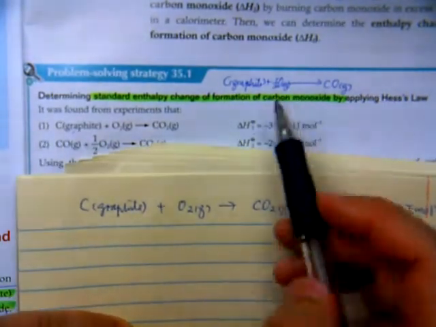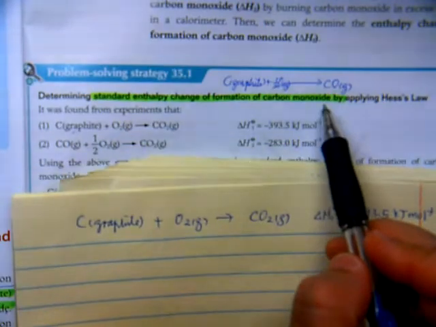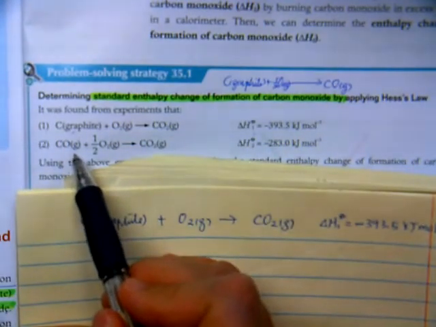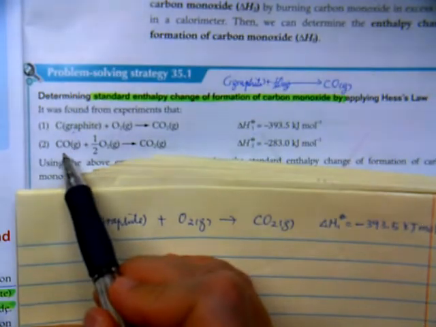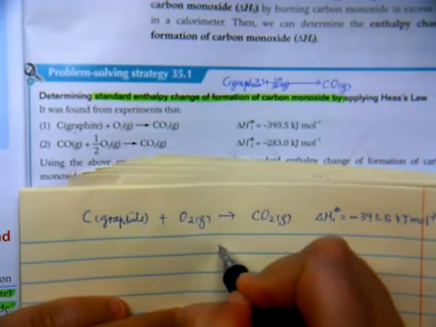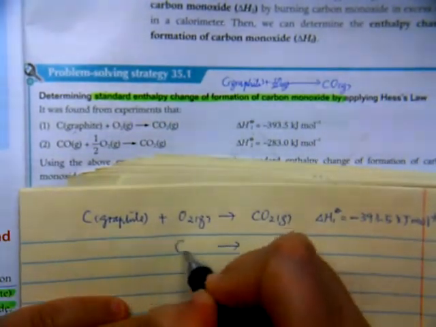And then next, now bear in mind this is our target. We want carbon monoxide. Can you see that the second equation, we have carbon monoxide, but on the reactant side. So please reverse the second equation.